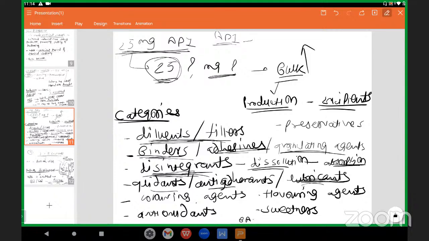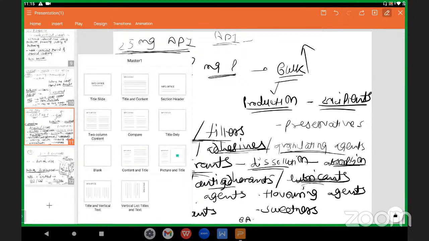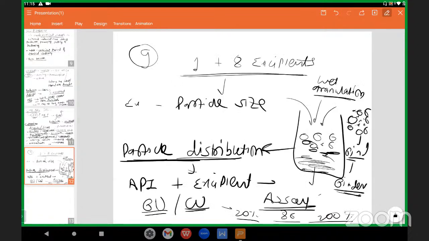Anti-adherent reduces the sticking of material to the metal. What about lubricants? Lubricants are used to reduce the force of friction between the tablet and the metal, the surface of the die cavity and tablet.